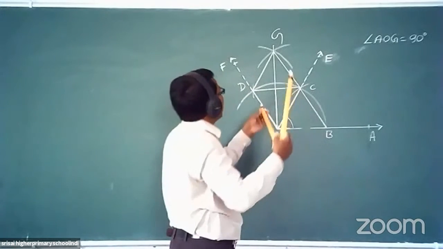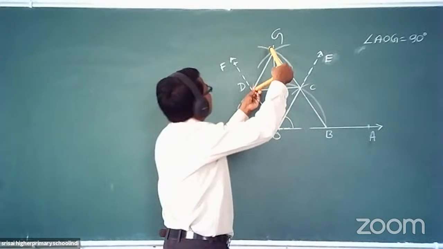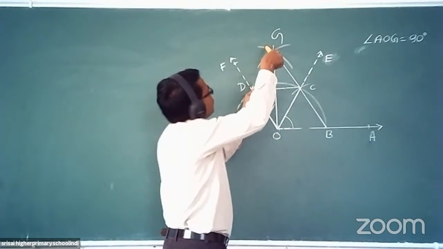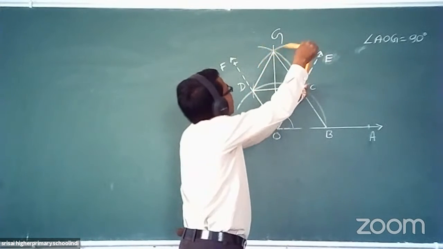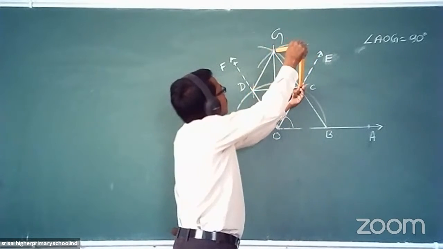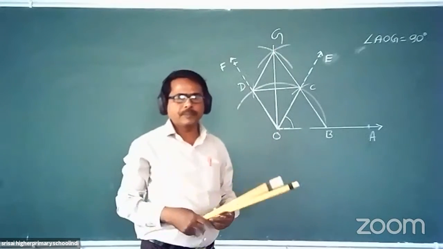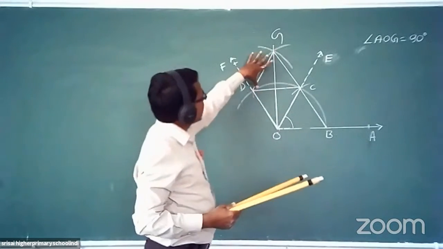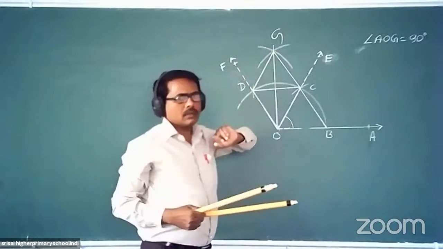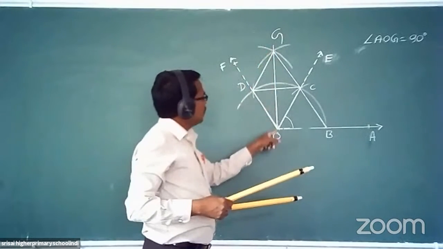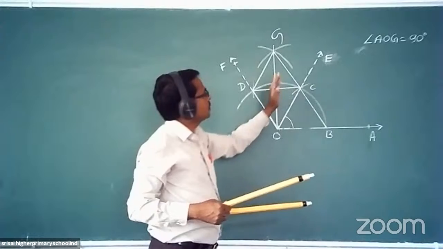Correct? Then here DG you have drawn one arc, CG you have drawn one arc, meaning these two are equal. Why? We have drawn arcs of the same radii. Correct? So DG and CG are equal. What about GO? OG is common for both.